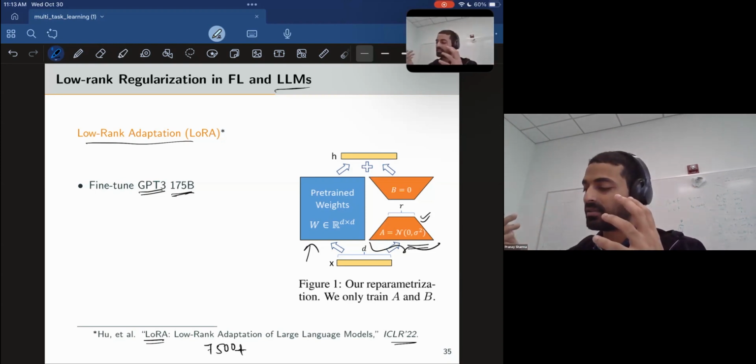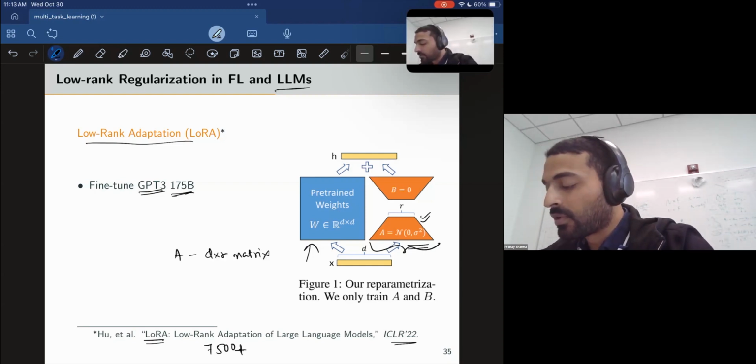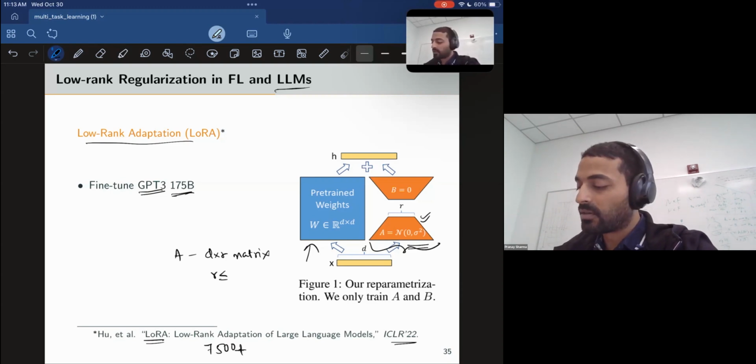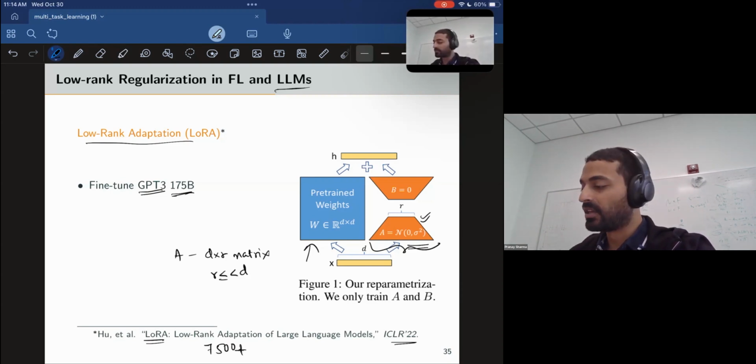In matrix formation, A is a D cross R matrix, where R is much smaller than D. So it's a low rank matrix. Similarly, the same thing with B, it has a very small rank.